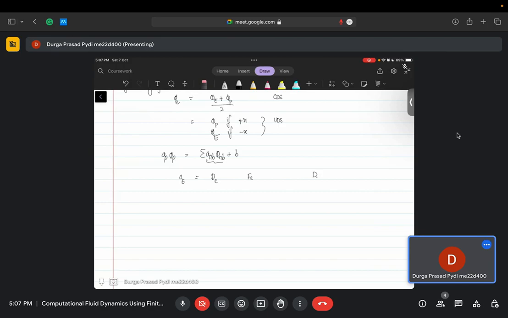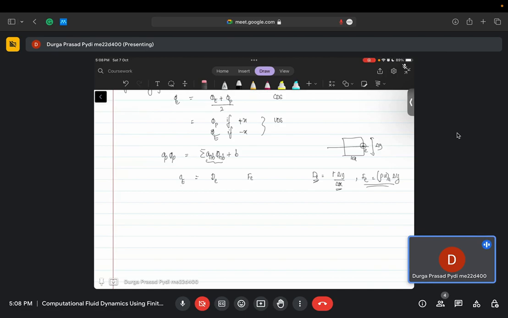Essentially D E will be gamma times delta y by delta x on the east face. If you see on the east face, this is my delta y, this is my delta x. So on the east face, the diffusion term will be gamma delta y by delta x, and my convective term will be rho times u on the east face times the area, which is delta y.